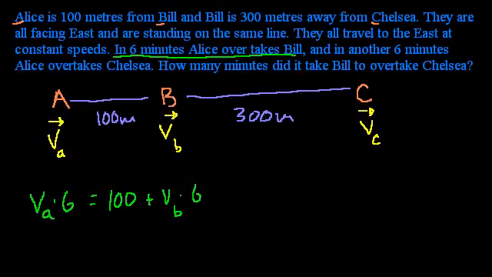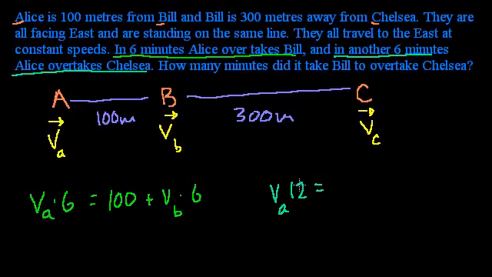And then the next thing this problem tells us, in another 6 minutes, Alice overtakes Chelsea. So from the beginning of our time, it essentially takes 12 minutes, right? 6 minutes to overtake Bill, and then another 6 minutes to overtake Chelsea. So 12 minutes to overtake Chelsea. So we could write that as the distance that Alice travels in 12 minutes is equal to, well, if she has to overtake Chelsea, that means she made up 400 meters of distance, so she traveled 400 more meters.